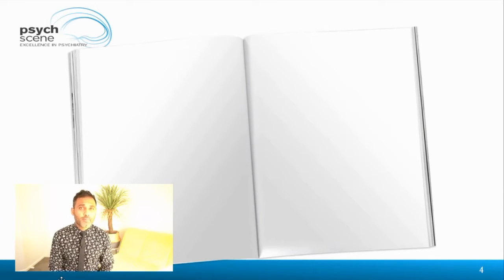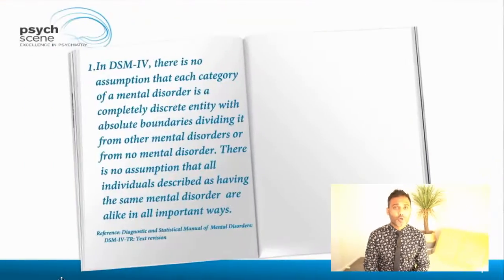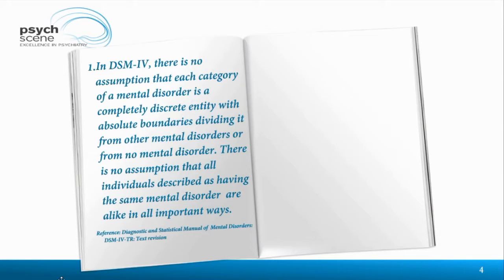And why do we think about it in this manner? The reason is because we've got to think about DSM not as a definitive book that gives us all the answers, but we've got to understand the limitations around it. The DSM-4 has a cautionary statement that says, in DSM-4, there is no assumption that each category of a mental disorder is a completely discrete entity with absolute boundaries dividing it from other mental disorders or from no mental disorder.